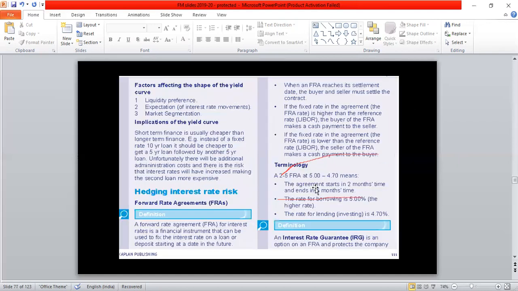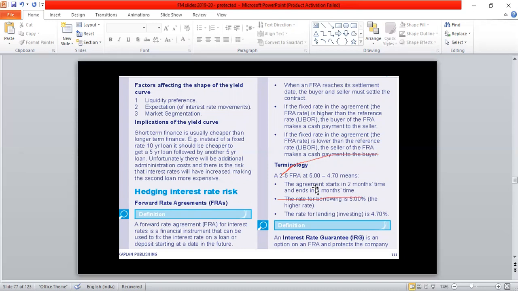Then we see liquidity preferences, a factor affecting the shape of the yield curve. What do the investors prefer about their liquidity? How quickly do they want to get back the amount invested? So they decide the term period based on that. Then expectation about what they are anticipating the future interest rate to be, that is another reason.